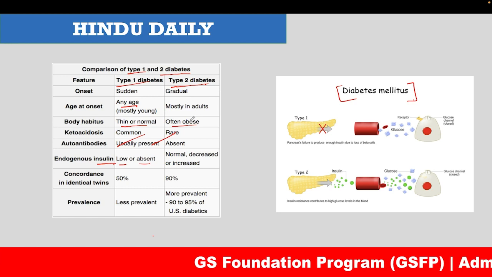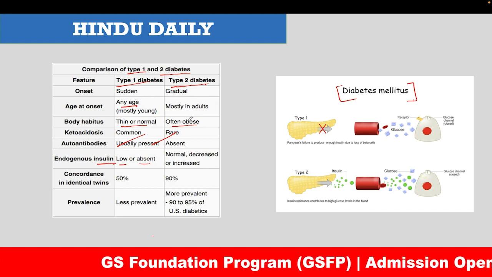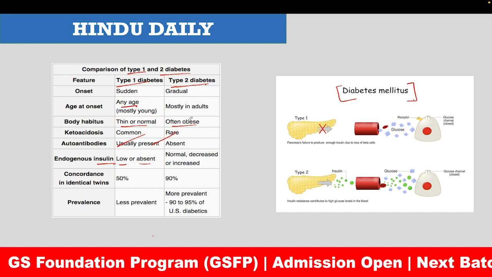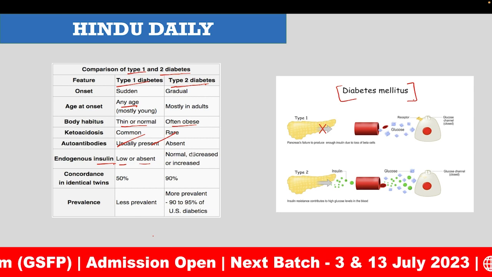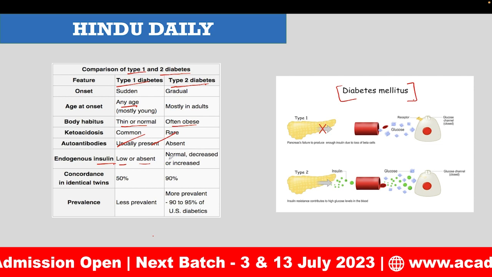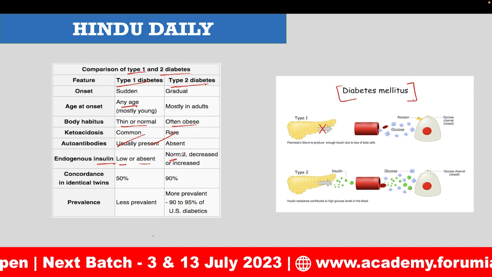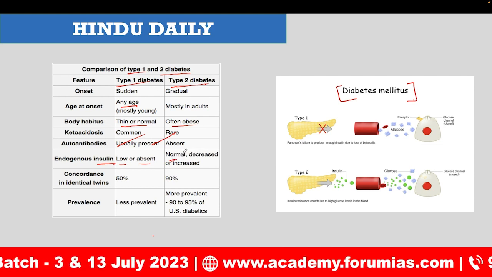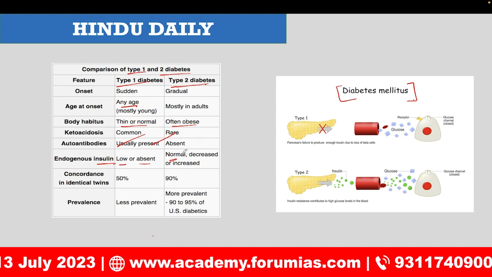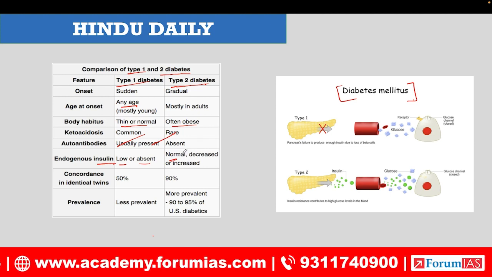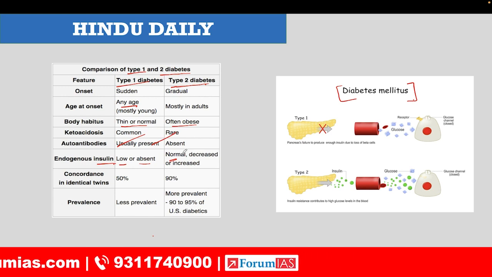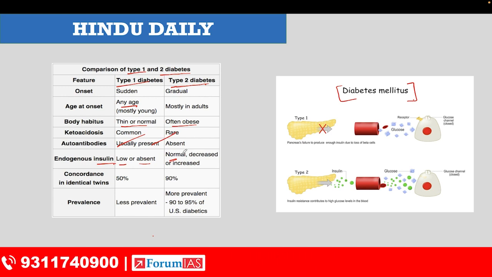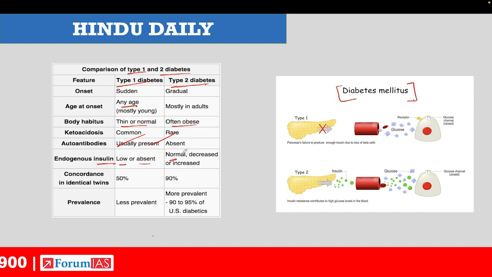But with type 2 diabetes, there will be abnormal secretion or no secretion of insulin. Most of the people who have type 2 diabetes will have normal secretion also. There will be normal secretion, but why people have diabetes is because there will be insulin resistance in the blood. So there will be insulin secretion, but it couldn't inject the glucose into the blood cells.